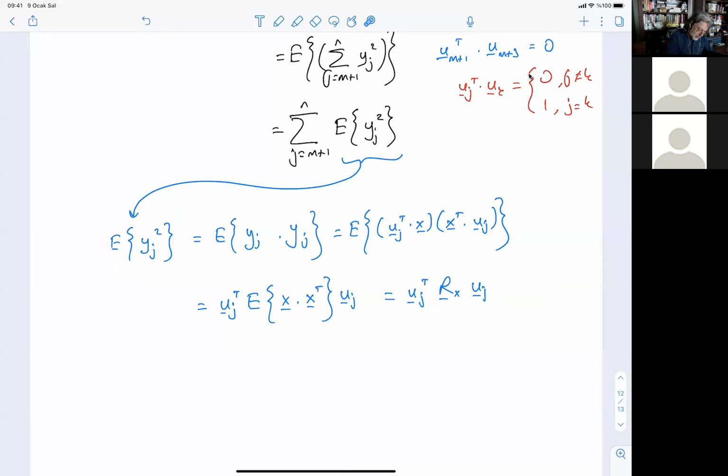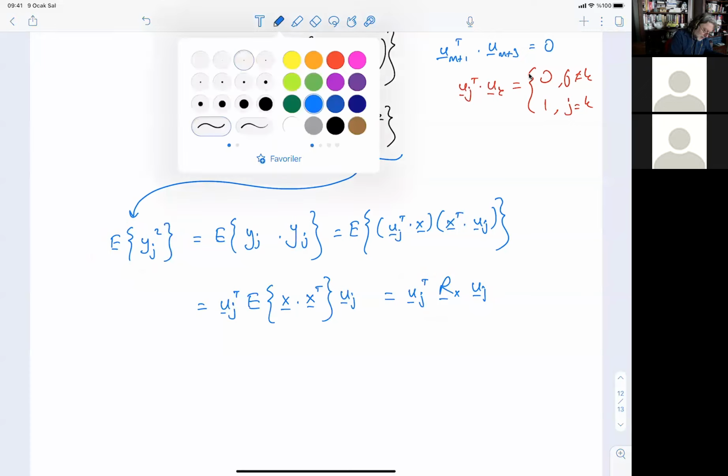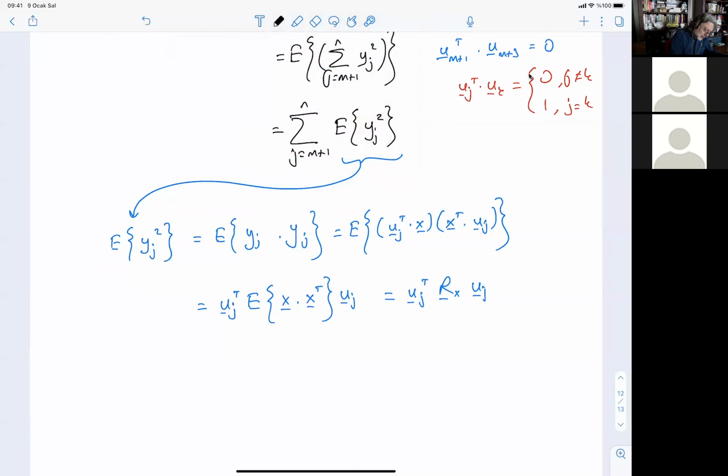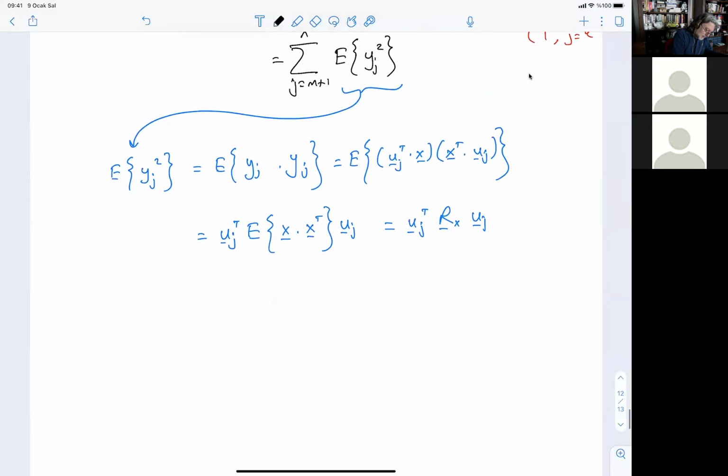Now I can replace this expectation operator with this new expression into here. And then I can write it like this.